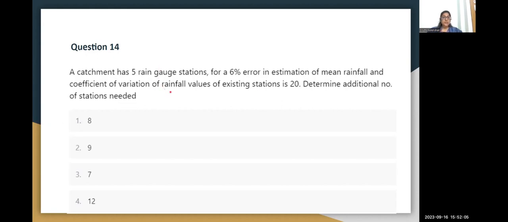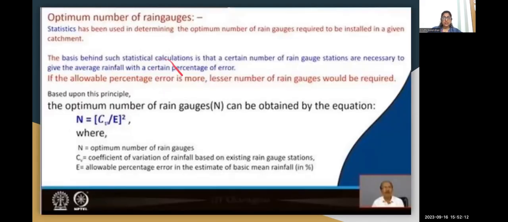Okay. So this is based on the optimum number of rain gauge stations, the formula for the optimum number of rain gauge stations. Let's just see what it is.